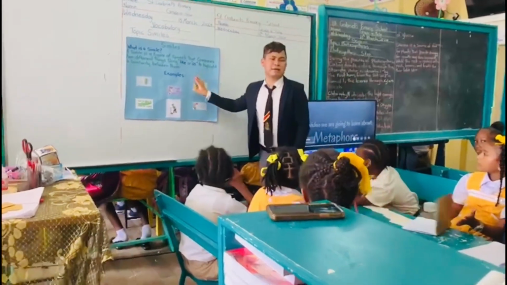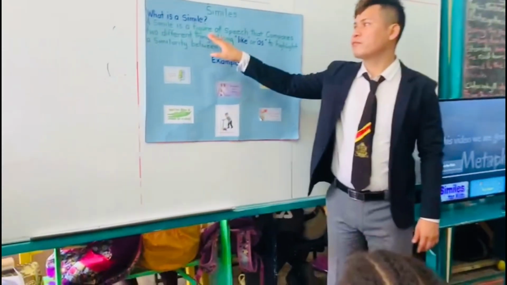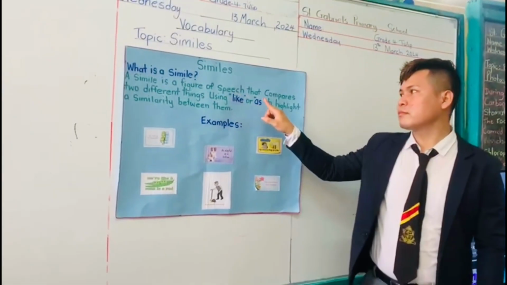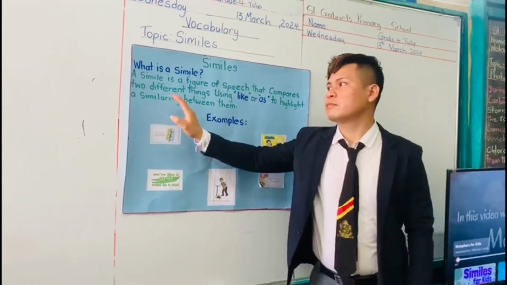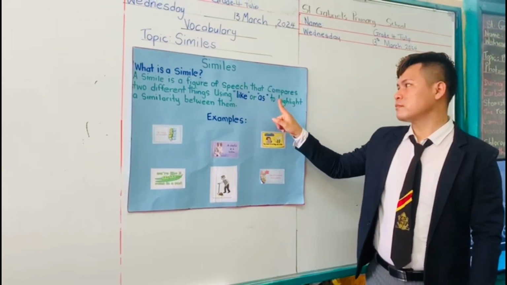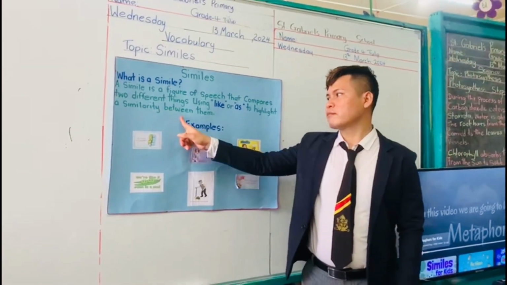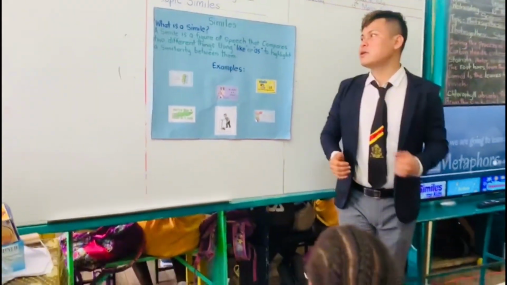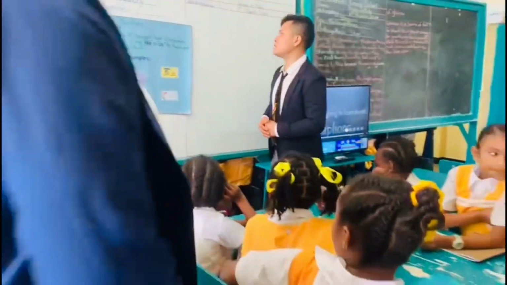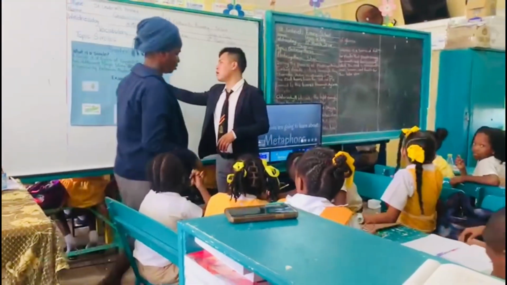Good. So a simile is a figure of speech that compares two different things using like or as.